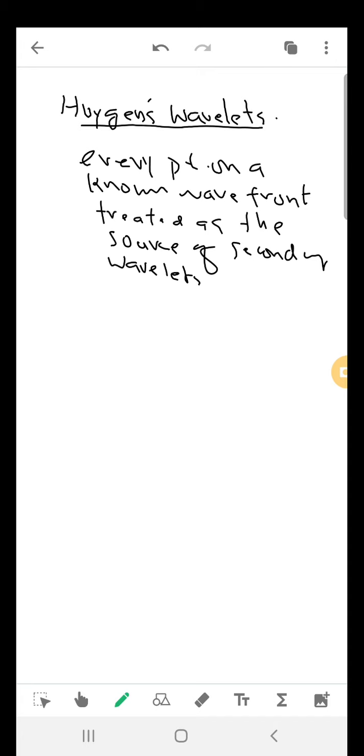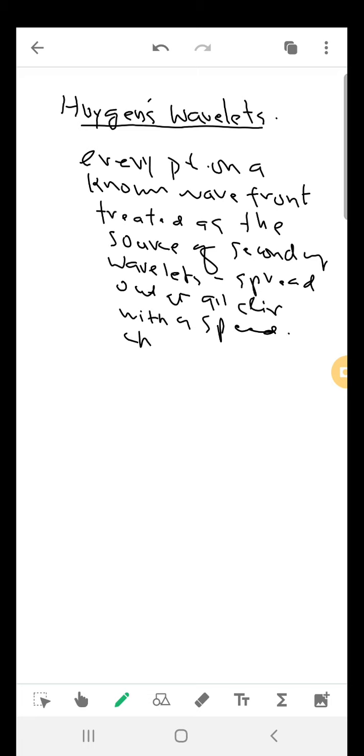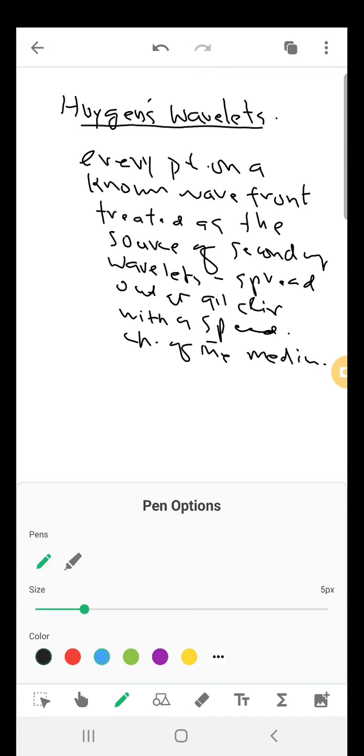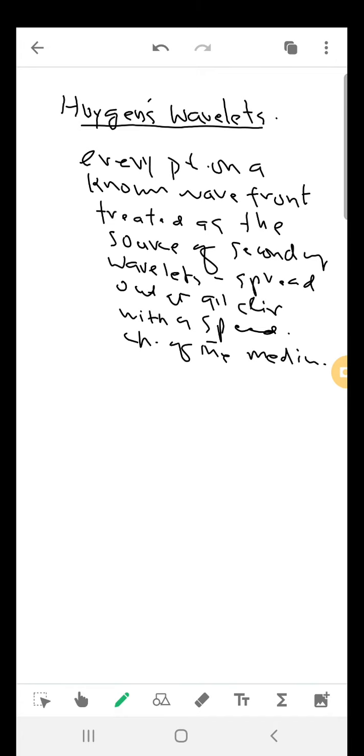which spread out in all directions with the speed characteristic of the medium. So schematically, say you have a plane wave, for example.